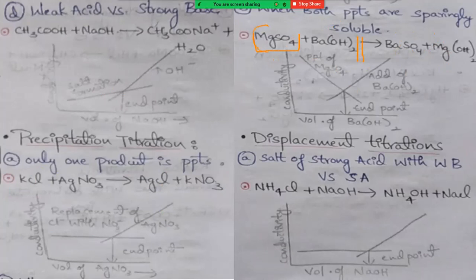Due to the presence of magnesium ions and sulfate ions, we see high conductivity values at the starting point. That's why the graph starts from the highest point: more Mg2+ ions and more SO4 2- ions are present. But slowly we are adding barium hydroxide from the burette.